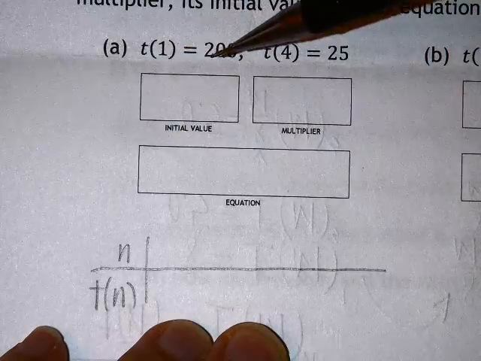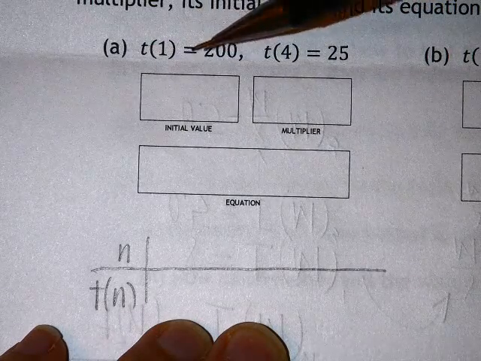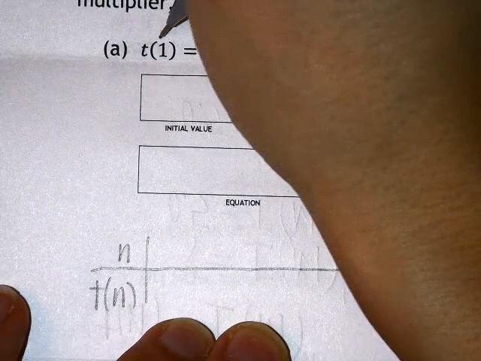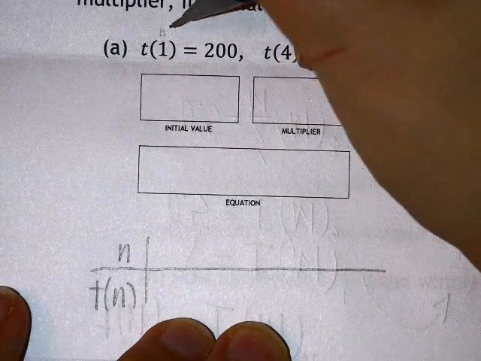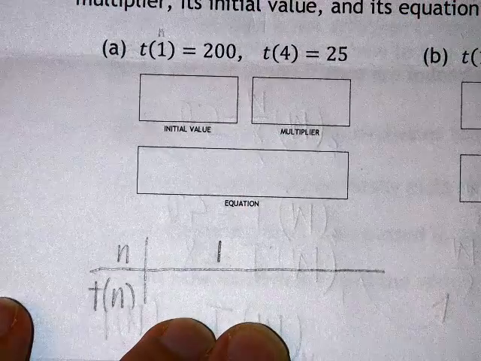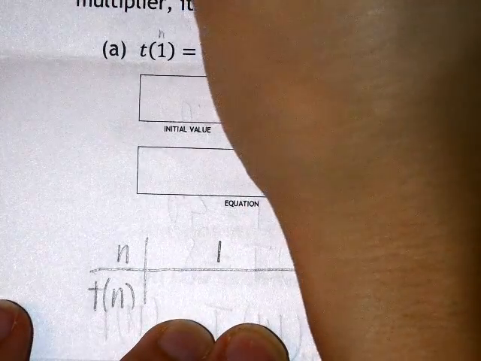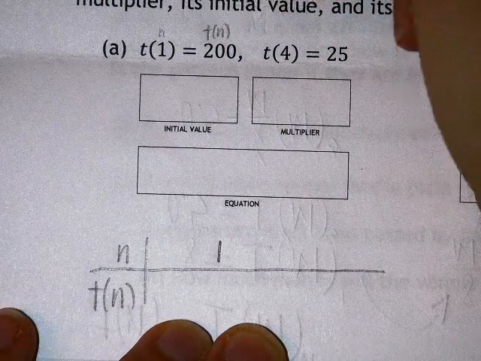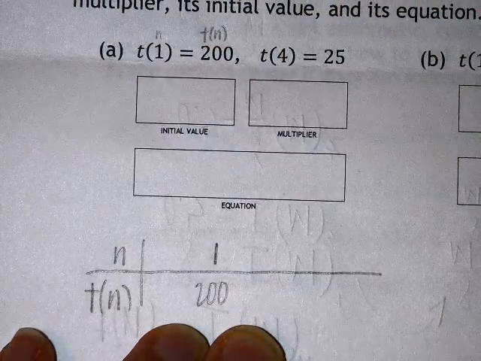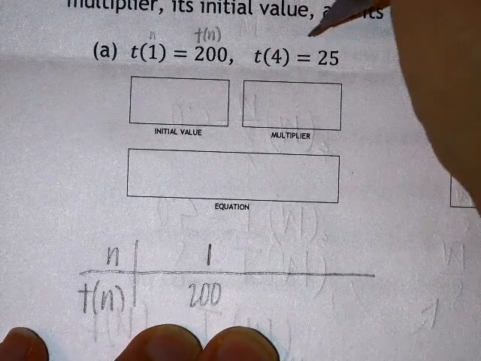When they give you a number, like t of 1 equals 200, what they're actually telling you is that the number inside the parentheses is the n value. So this is telling us n is 1. And the 200 is actually the t of n value. So I'll put that in the bottom part. T of n is 200. The same thing goes for the other clue that they're giving us.